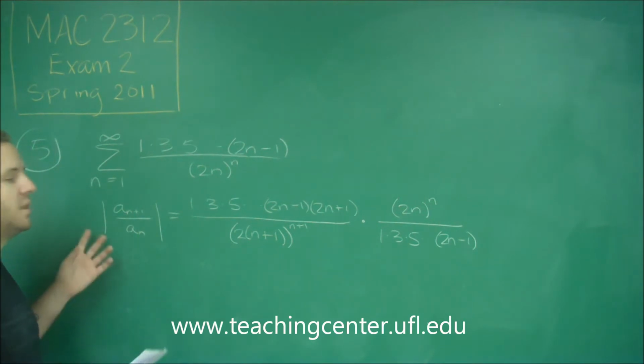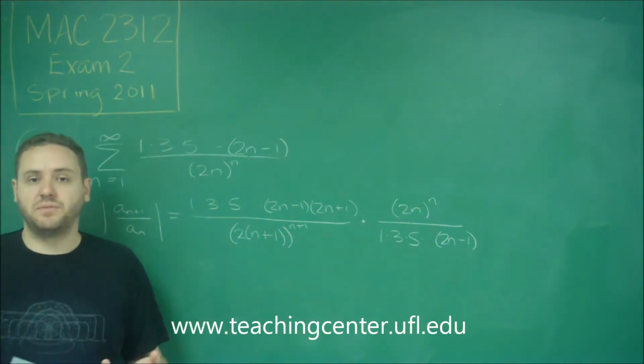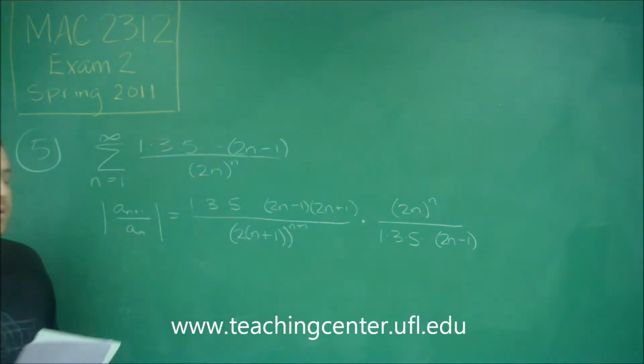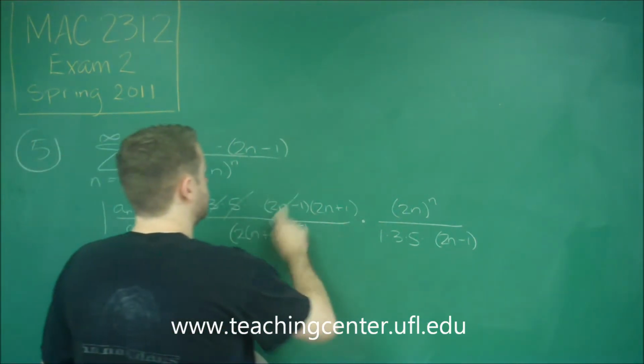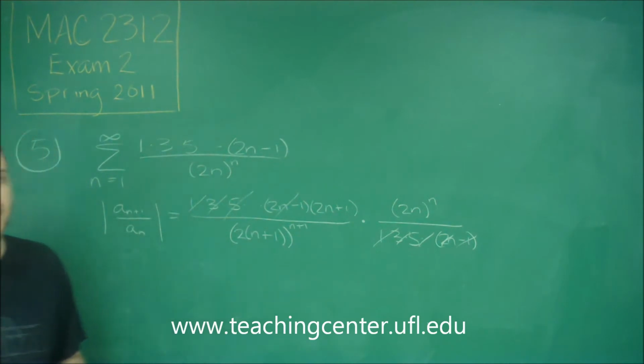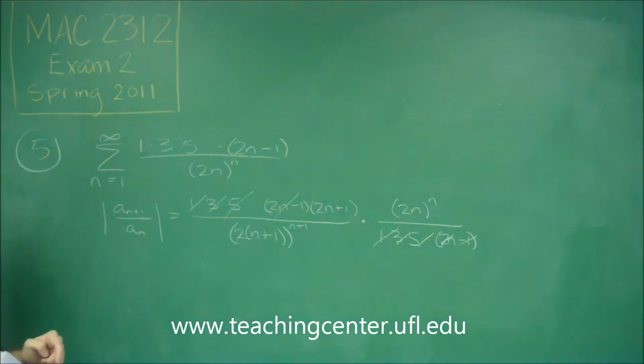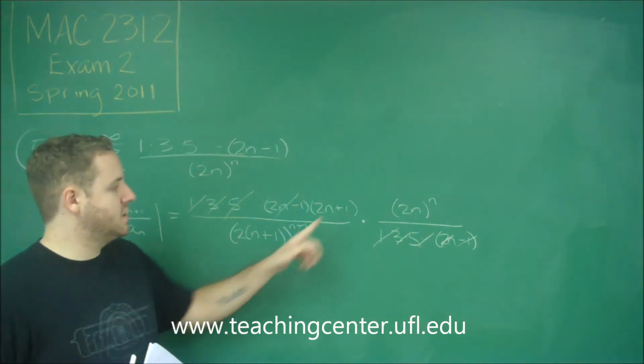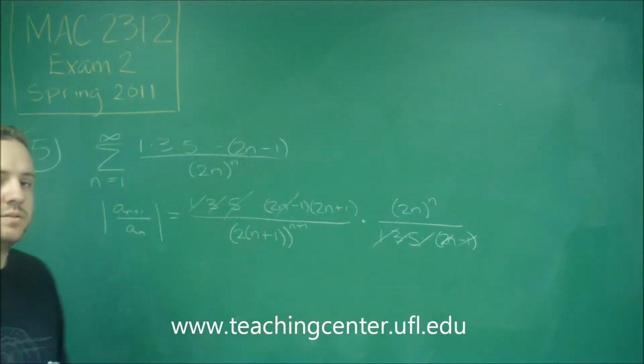Alright, so before we do the limit as n goes to infinity, what you have to do for ratio test, let's see what cancels out. All of these odd numbers cancel out. You just have one extra one on the n plus 1 sequence. So far, it doesn't look like anything else cancels out there, so let's rewrite it.